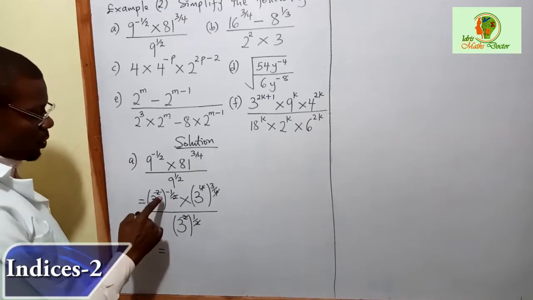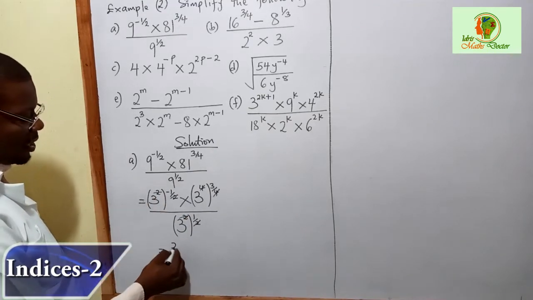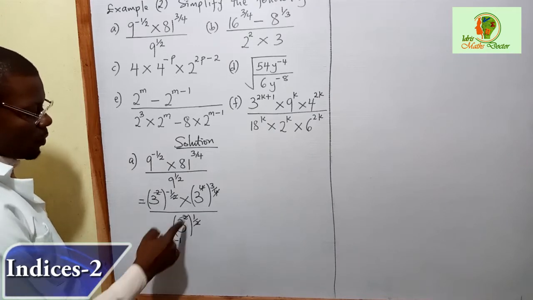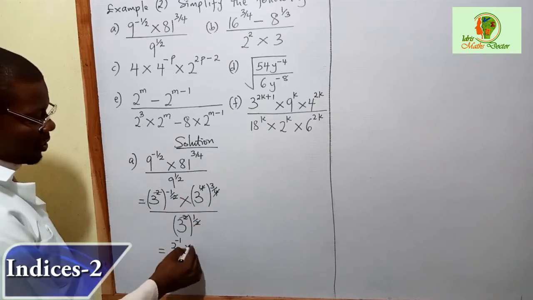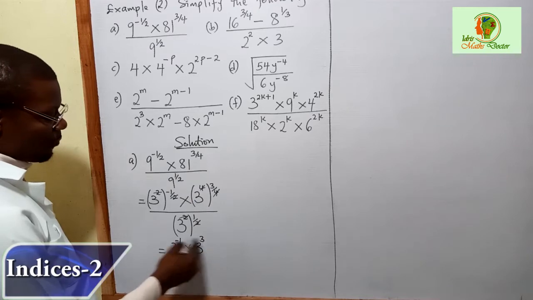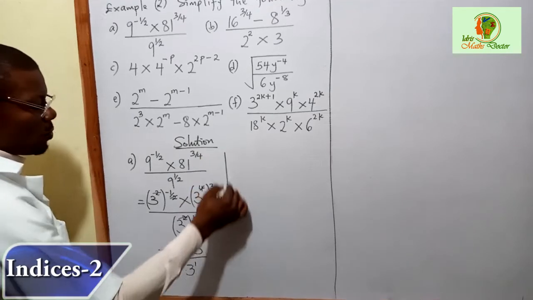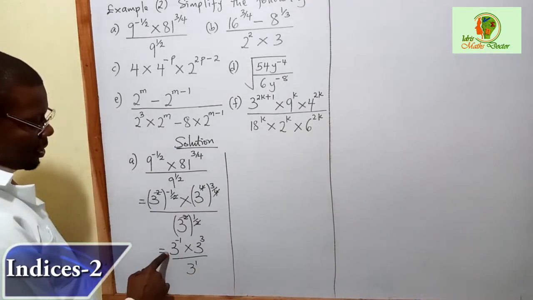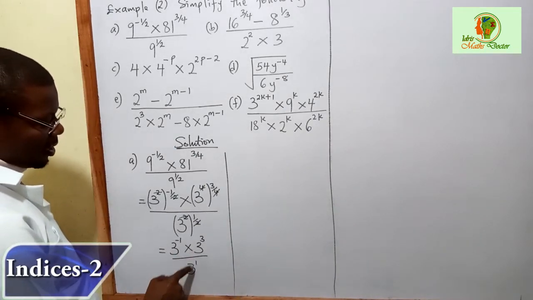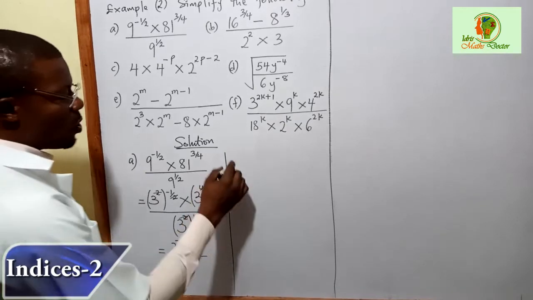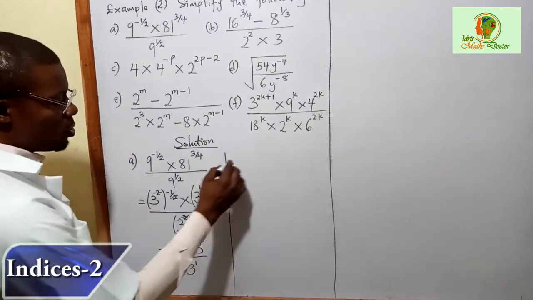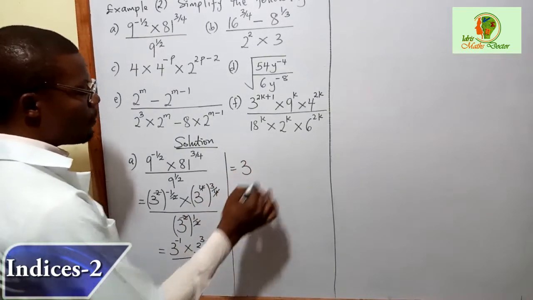Now, what are we left with here? 3 raised to power minus 1. What are we left with here? 3 raised to power 3. And for the denominator, 3 raised to power 1. The base here is 3, 3, 3. Since the bases are equal, we can combine them. We pick one among the bases.